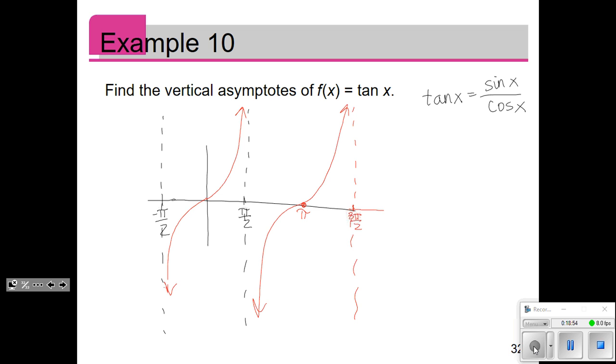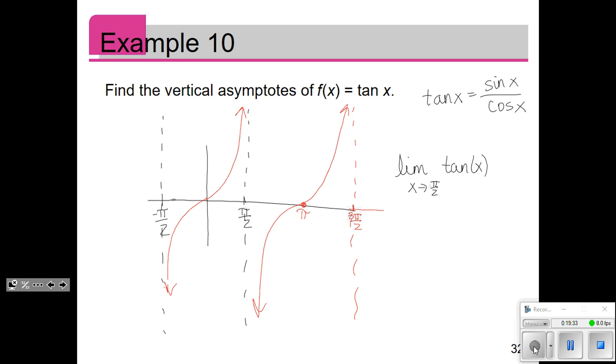So could you say that the limit of tan x as x approaches pi over 2, does it exist? Think about what we talked about earlier.